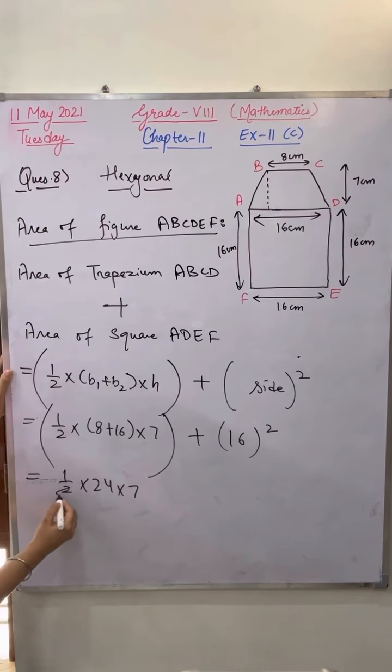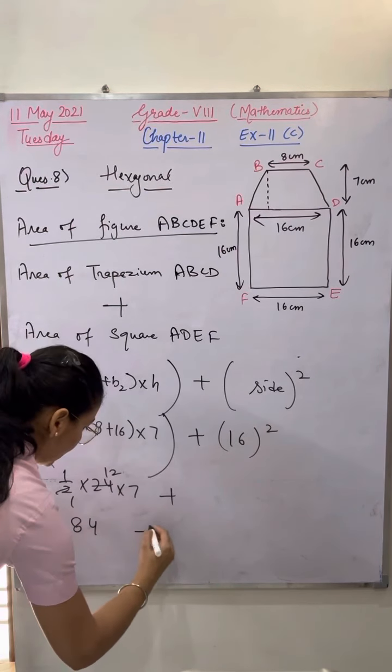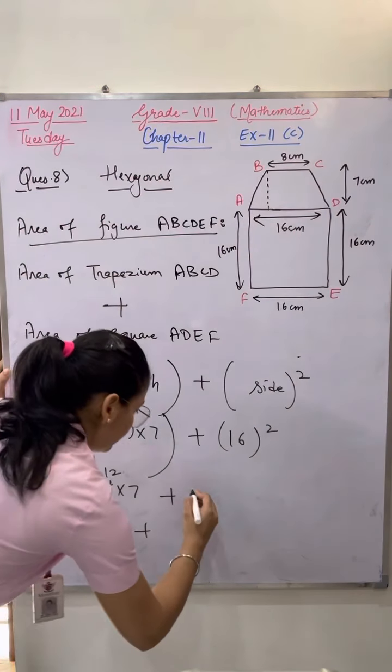So, I am going to cancel. 2 ones are 2, 2 twelves are 12. And 12 sevens are 84. Now, coming to 16 square, 16 square is 256.